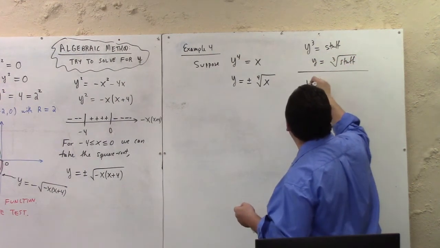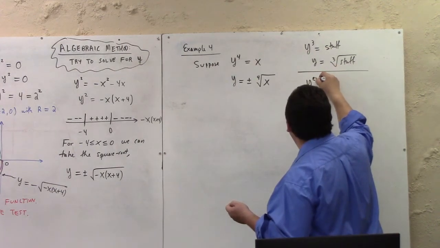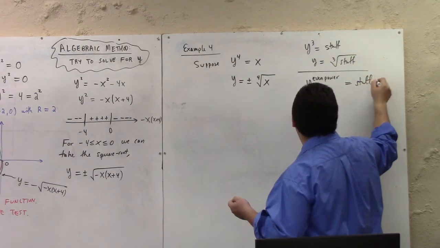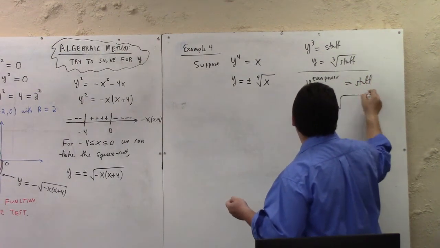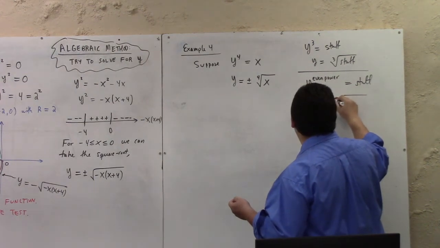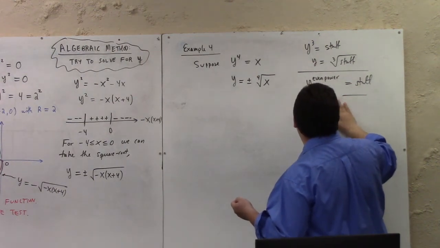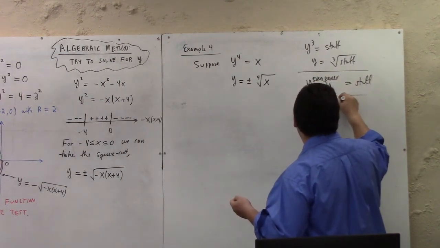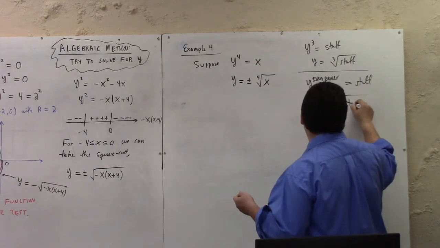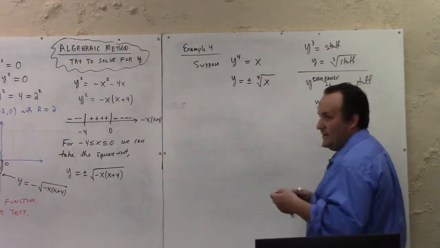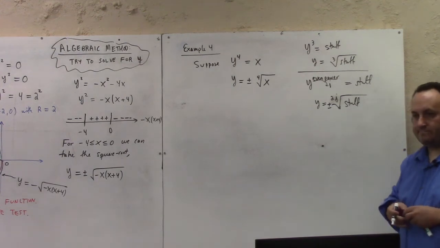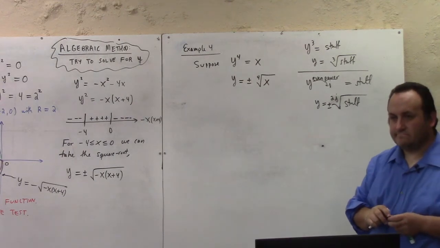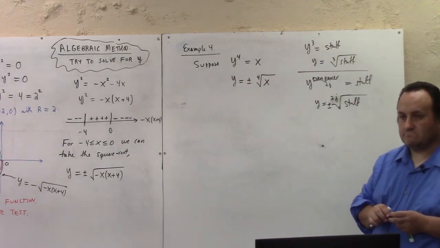However, if you have y to any even power, let me call this power 2j, equals stuff, then the solution is y equals the 2jth root of the stuff. But the thing is, you get plus or minus with the even case. So plus or minus, therefore, not a what?